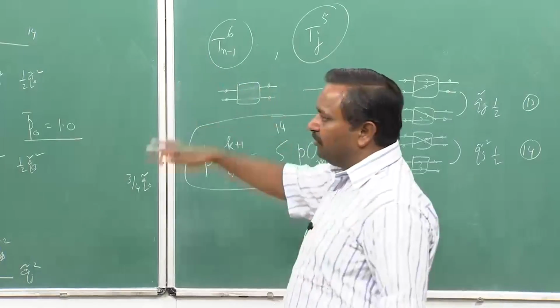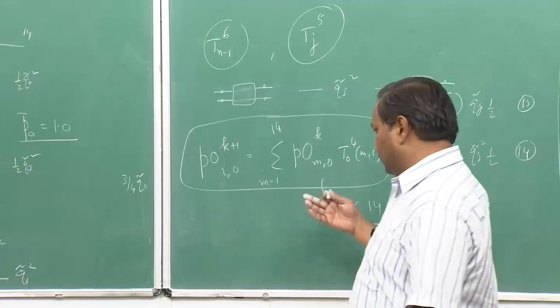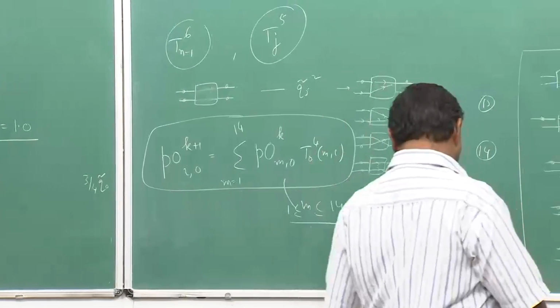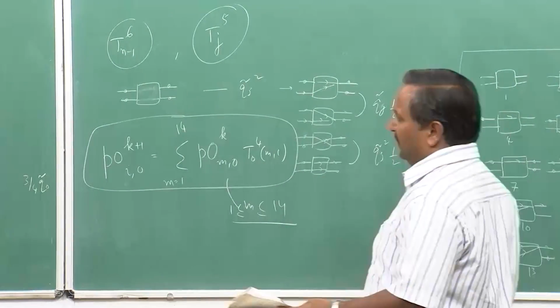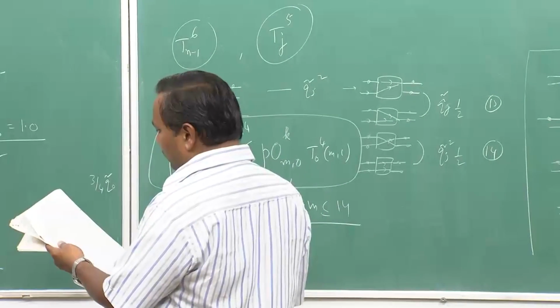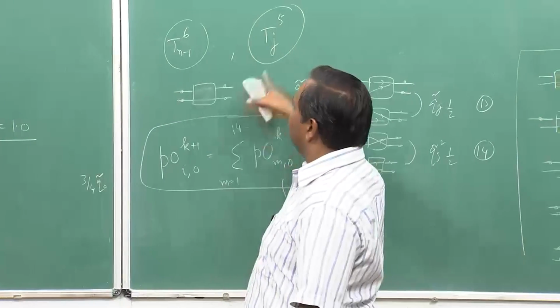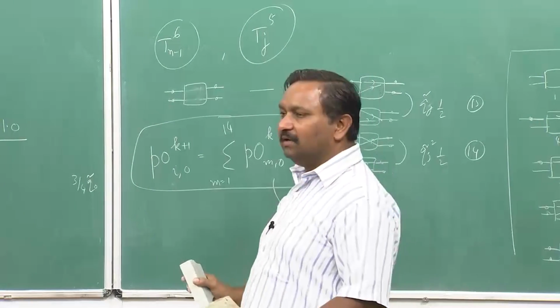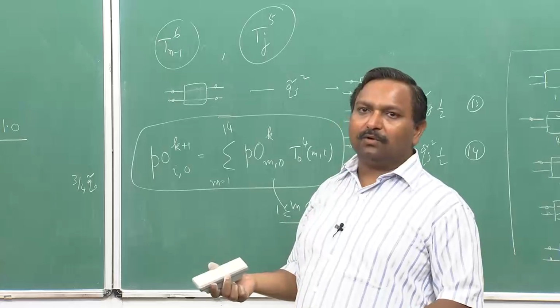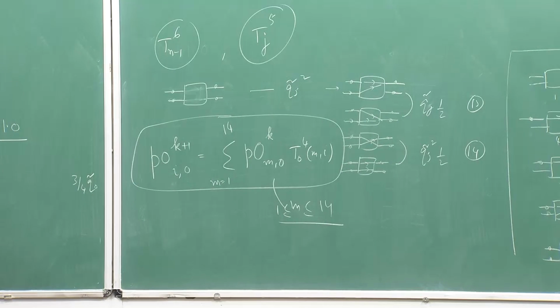So, I am not writing down those detailed values. So, I am giving a reference and the URL from where you can download those two matrices. In fact, you can derive on your own. So, what I will do is I will derive only certain cases for Tn minus 16 and Tj5, so you understand the principle. The remaining thing either you can download or you can build up a matrix on your own. So, want to build up for example Tn minus 16, then what is going to happen? Let us see.